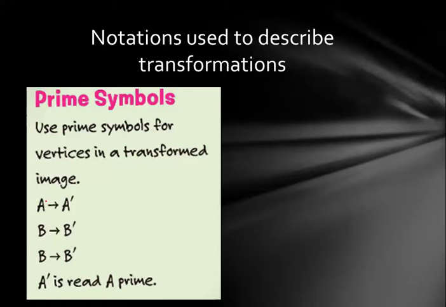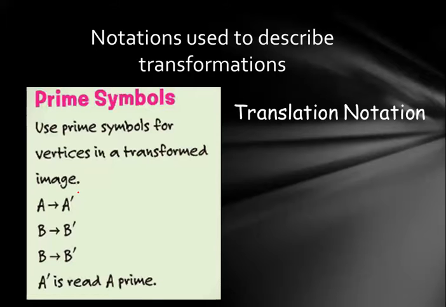So the original, or the preimage, will be labeled with regular letters like A, B, C. And then after it has been transformed or changed in some way, they put this little tick mark, which we call prime. So this would be read as A prime, B prime, and C prime. So these are just the symbols or the notations of transformations.